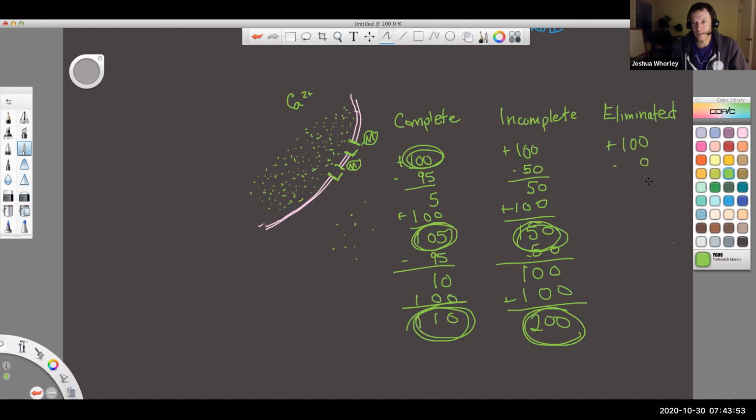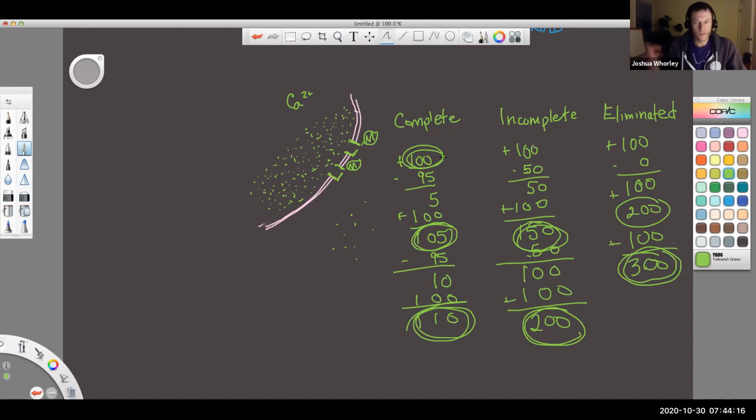You haven't taken any calcium back in, or not an appreciable amount, before we get another 100. So there we're at 200, and then I won't even do the minus, I'll just add another 100. And this is when we have eliminated the relaxation phase. So these are all examples of summation, right?